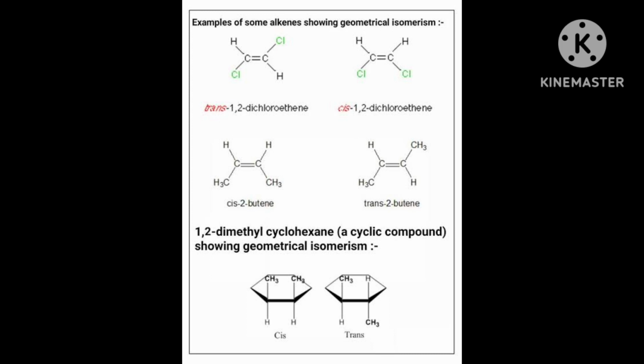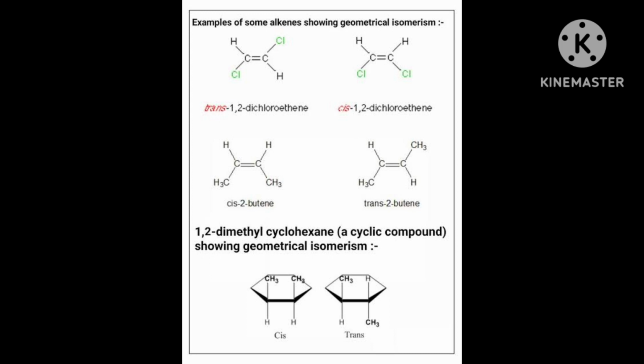Now I will tell you about heterolytic cleavage. Heterolytic cleavage can also give a species in which carbon gets the shared pair of electrons. It is not necessary that fluoride, chloride or bromide will always be attached to the carbon; sometimes another carbon will be attached.